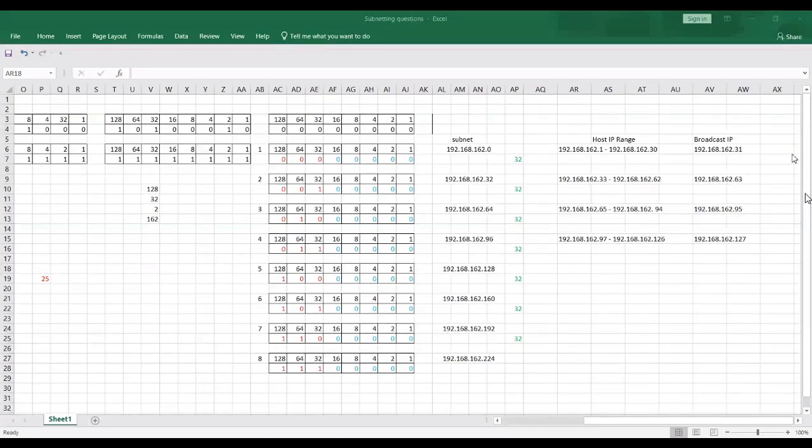Yes, really, because it also contributes to security in the network, and you can use not only fixed length subnetting, you can use variable length subnetting also, as you said. Actually we are discussing fixed length, but as you said, according to requirement, variable length subnet mask can also be used for subnetting.